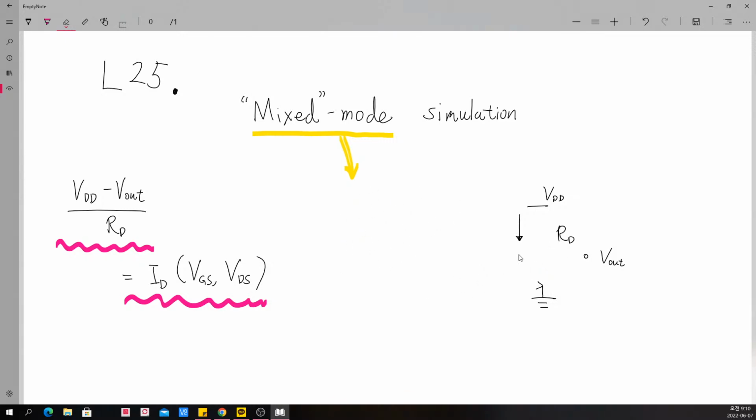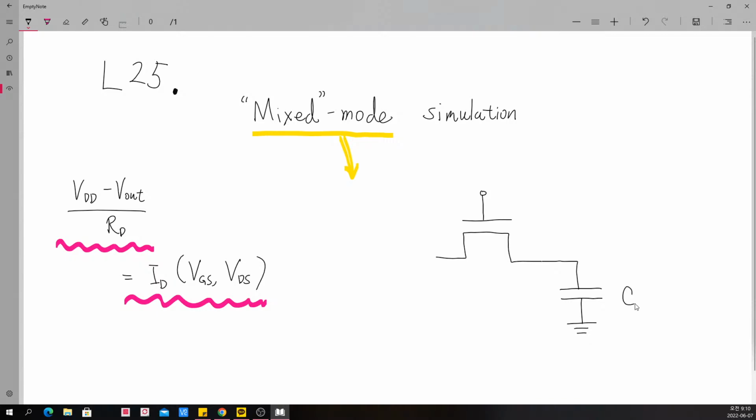Okay, let's think about another case we are interested in. For example, let's think about this one. We have a capacitor, and here we have a transistor. Let's say this is M1 and C1.